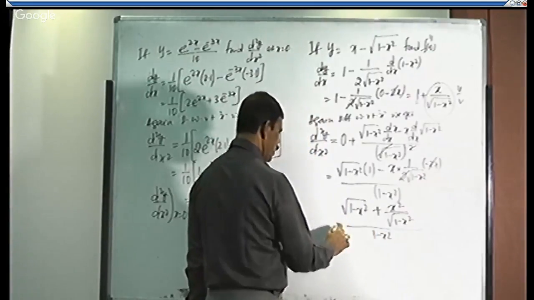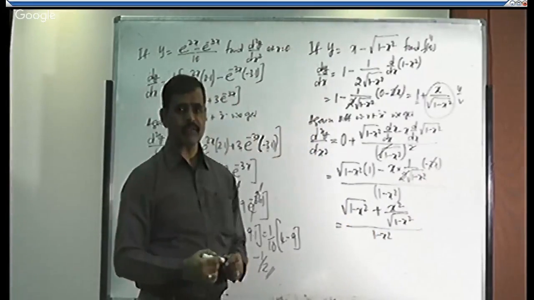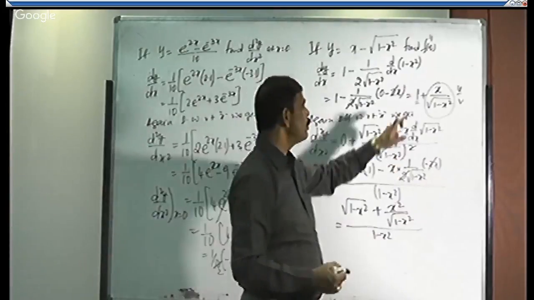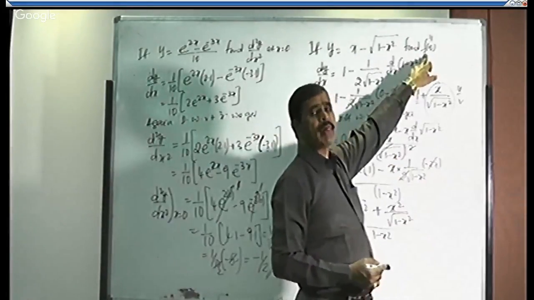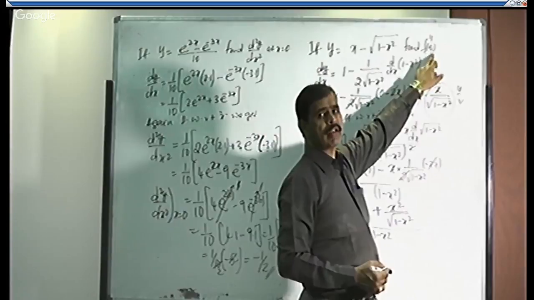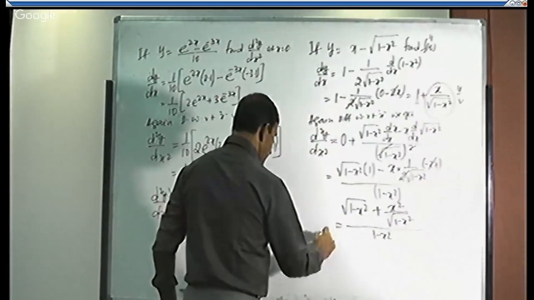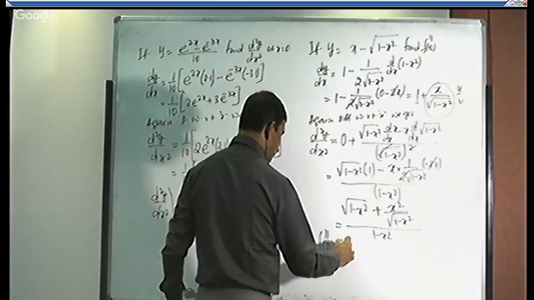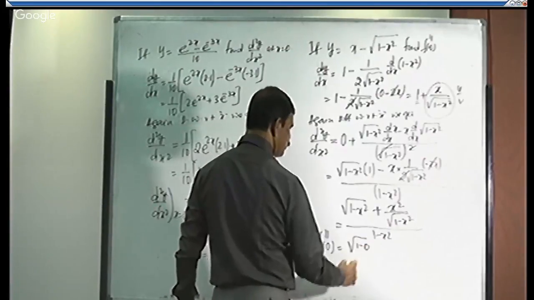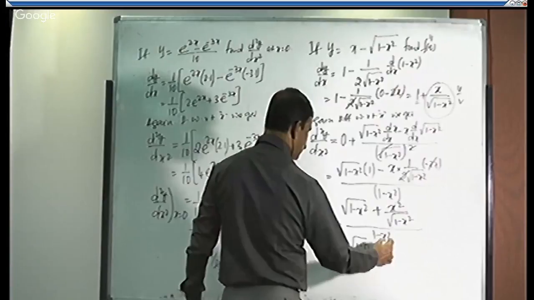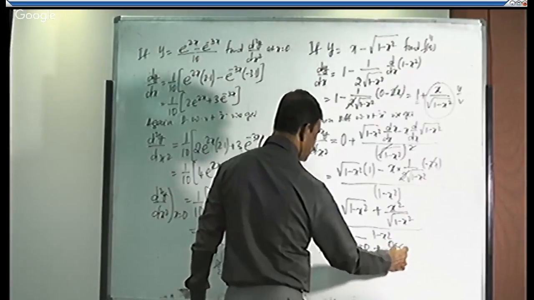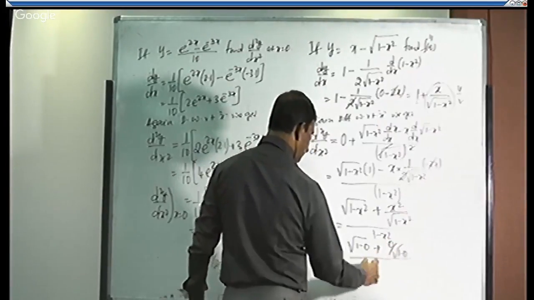Now we need to calculate d square y by dx square at x is equal to 0. f double dash 0 is equal to root of 1 minus 0 plus 0 by root of 1 minus 0, whole divided by 1 minus 0.